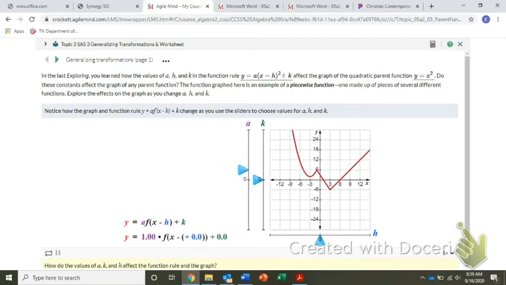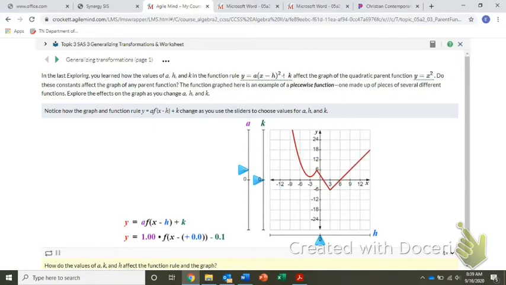All right, so now we're going to look at H. If H is positive, we go to the right. If our H value is negative, we go to the left. K. If K on the outside is positive, we're going up. And if K is negative, we are going down.